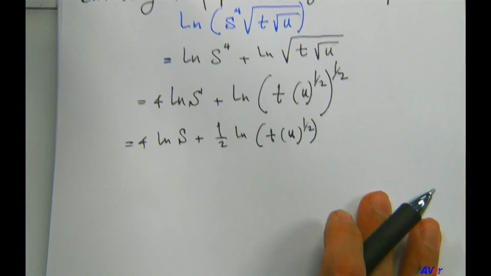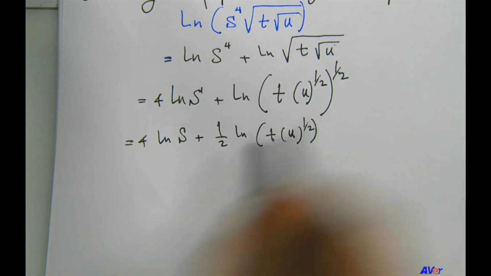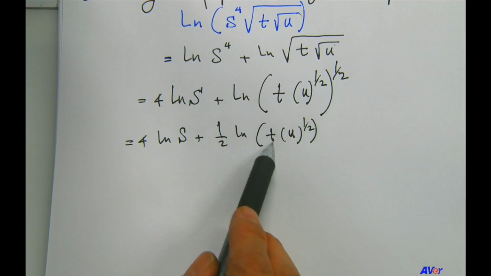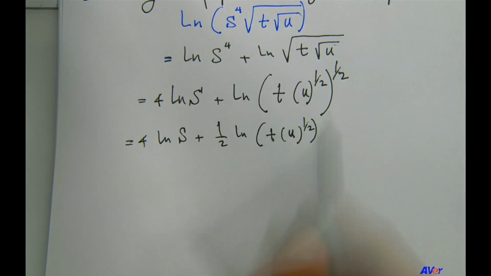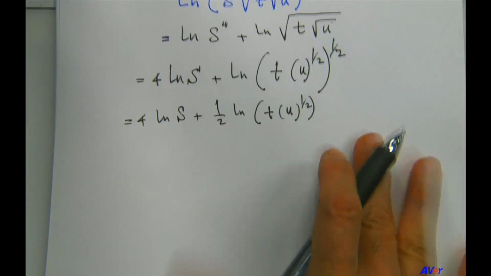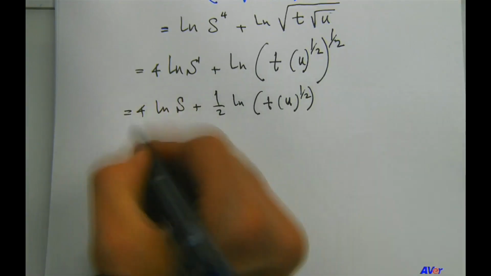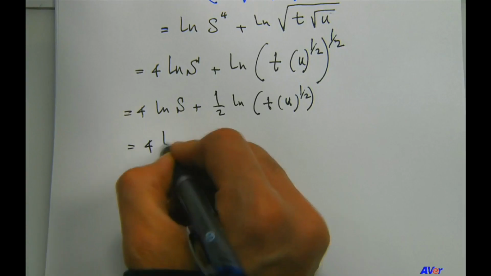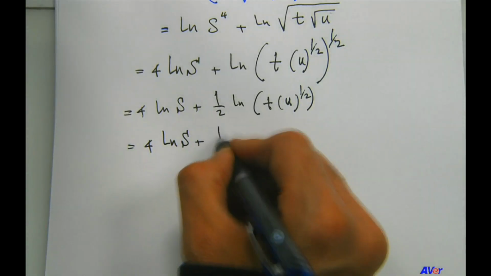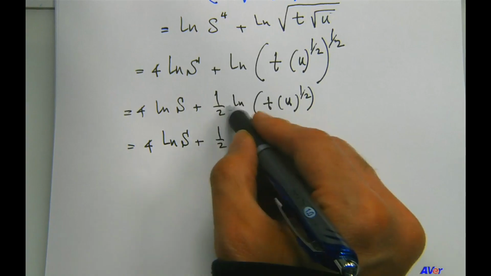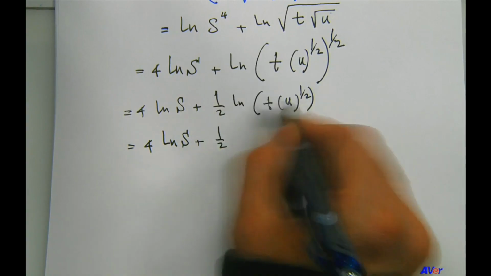Okay, so now what we have is t multiplied by u to 1/2 power, right? So we can convert this to another addition of 2 terms. So we're expanding, right? So that's the idea. So 4 times natural log of s plus this 1/2 is going to be multiplied by everything that comes after it.